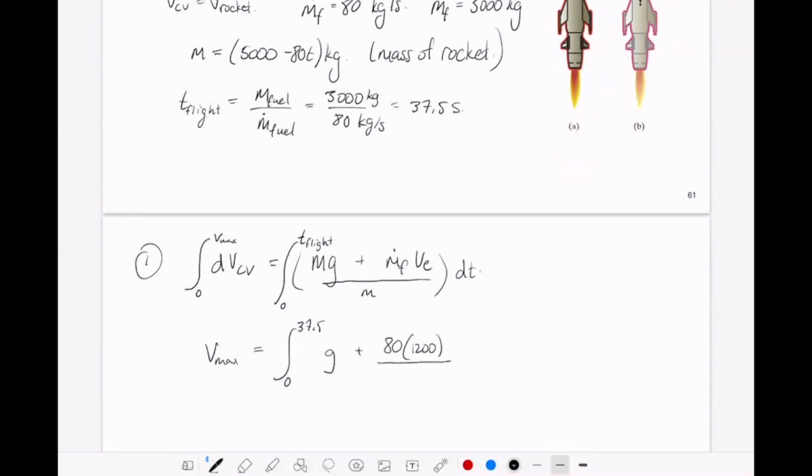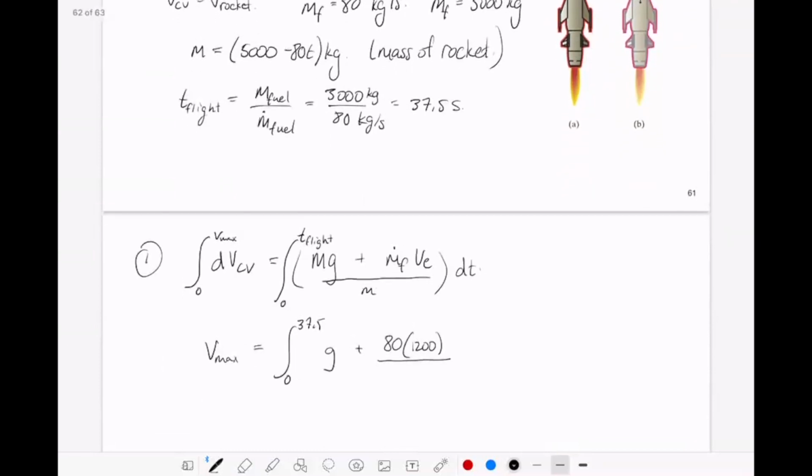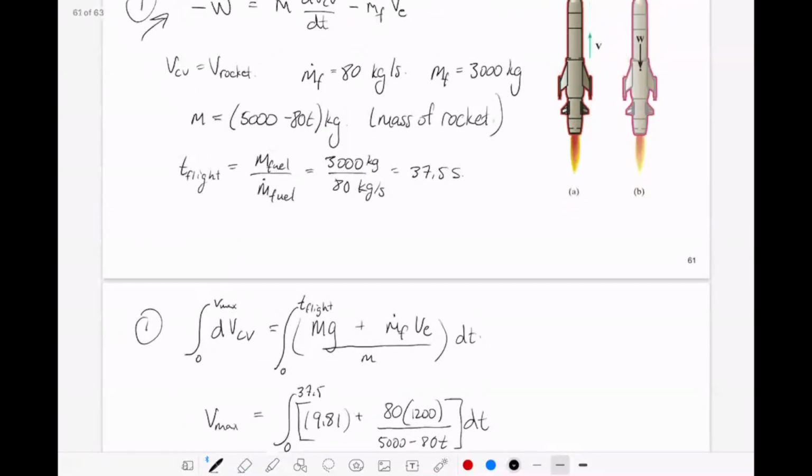And our mass is a function of time, so we have to include this, and it's 5,000 minus 80 times t. Let me just write in this gravity constant, all multiplied by dt. I want to make sure I have this correct.